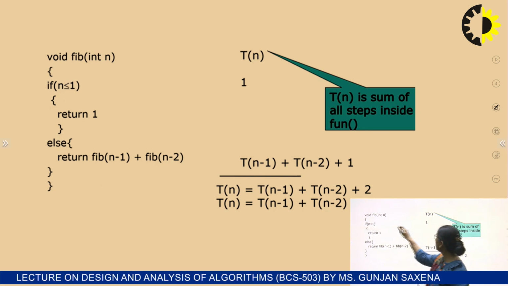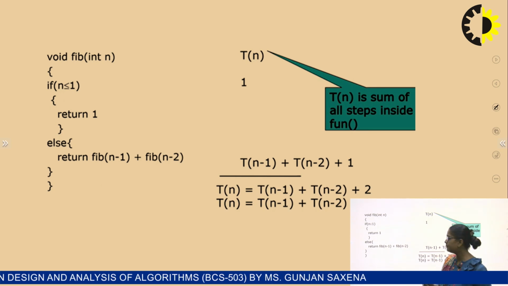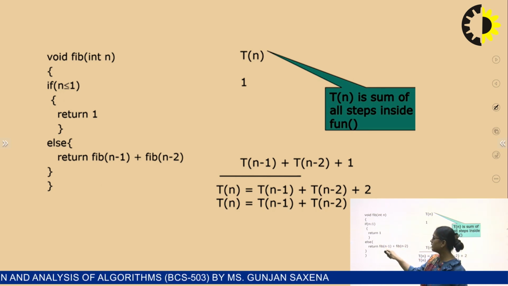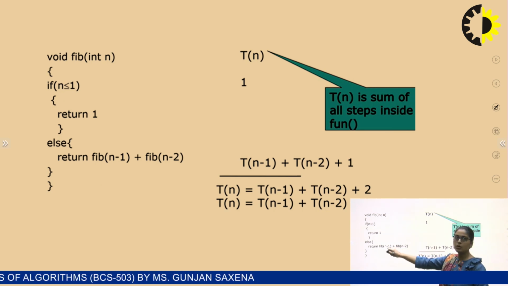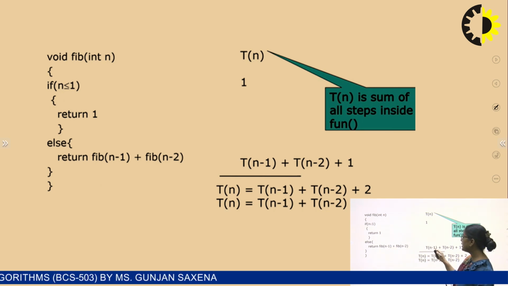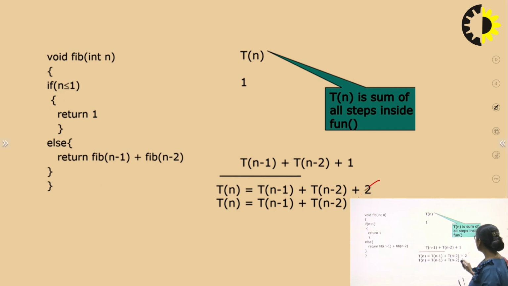For this particular if, as I already know, the time complexity is 1, and in this return, fib(n-1) has time complexity T(n-1), this one is T(n-2), and this plus 1. So we are adding: T(n-1) plus T(n-2) plus 2, and the constant is discarded. So the time complexity for the Fibonacci series is T(n) equals T(n-1) plus T(n-2).